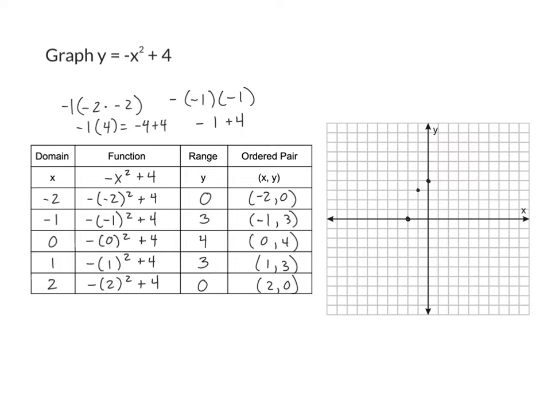We can draw in our smooth curve connecting those points. And we have a parabola that opens downward, so it is negative.